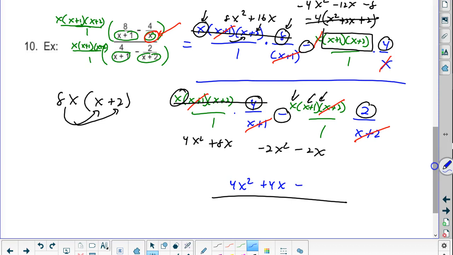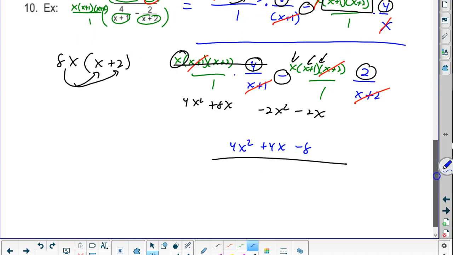That's the numerator. Denominator. Positive 4x squared and a negative 2x squared is a 2x squared. And 8x minus 2x is a positive 6x. Now on this one, I'd have to check to see if this thing factors and reduces.